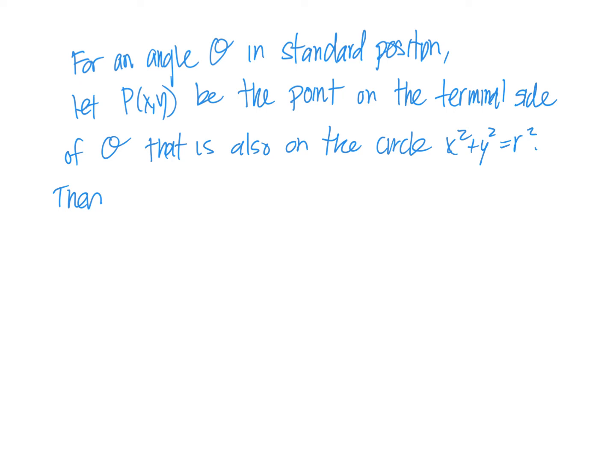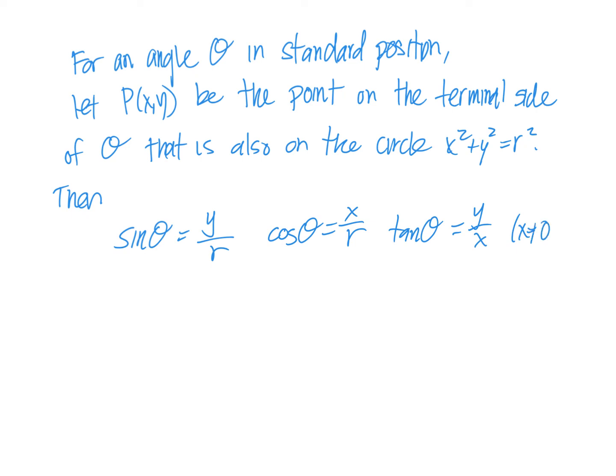Then our 6 trig functions become: sine of theta is y over r. Previously r was 1, so it was just y; now we're just dividing by the radius. Cosine of theta is x over r. Tangent of theta is y over x, and again, x cannot be 0.